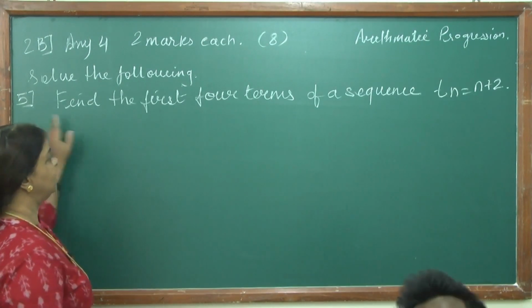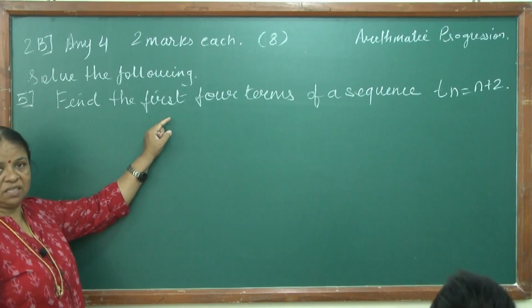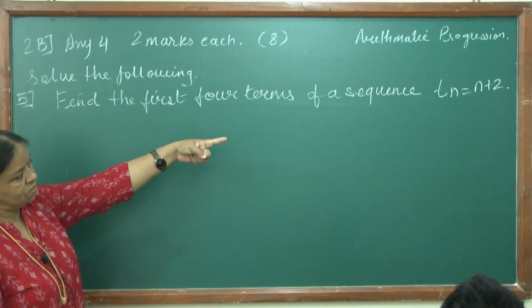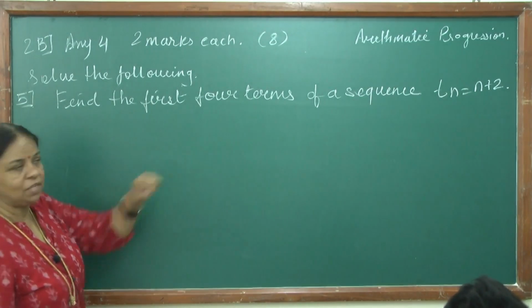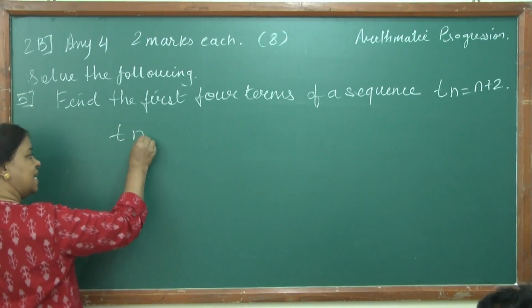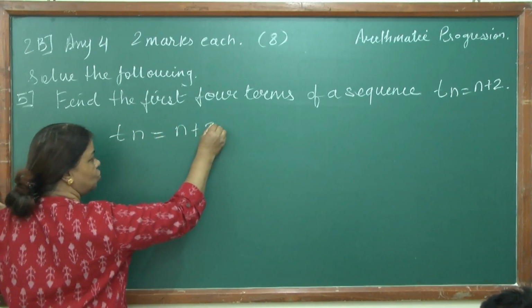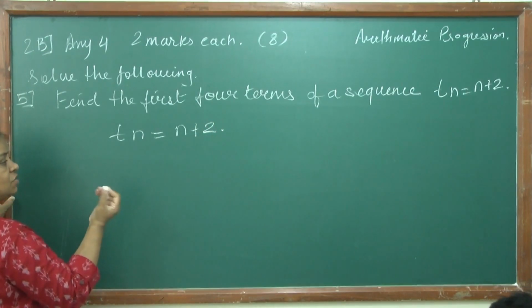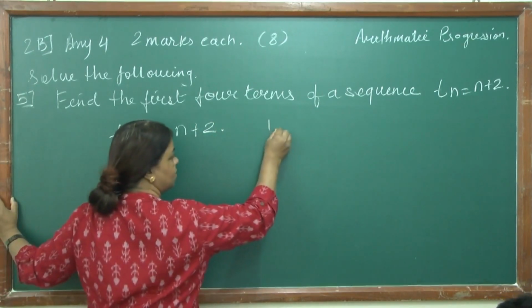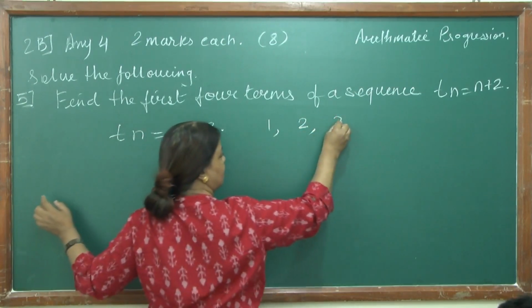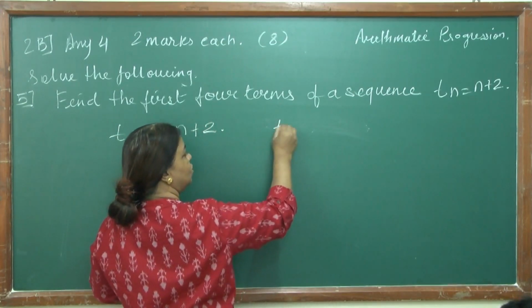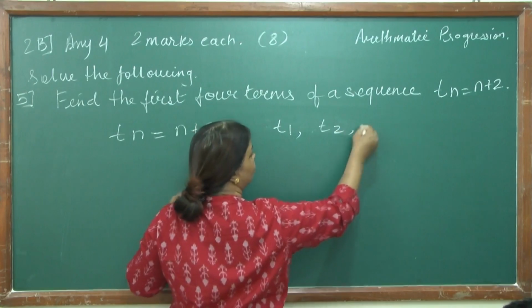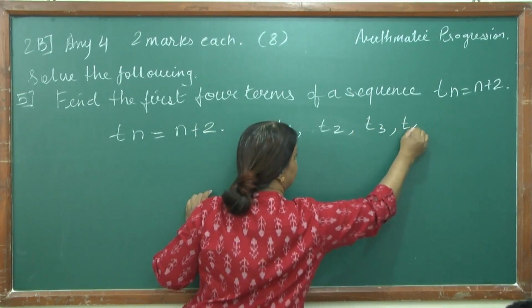Fifth question, find the first 4 terms of a sequence, and the sequence formula is given, Tn is equal to n plus 2. When Tn is equal to n plus 2, we need to find out the first 4 terms. The first term, second term, third term, that means we need to find out T1, T2, T3 and T4.